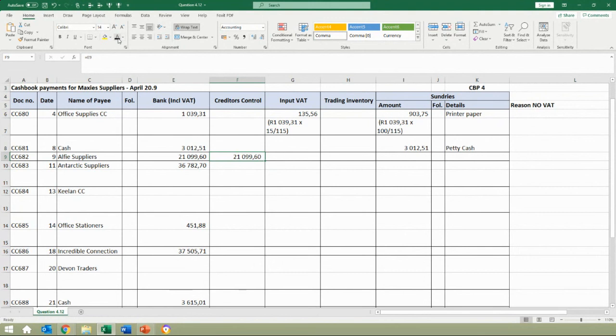Then on the 11th, we've purchased trading inventory of 36,782 Rand. Now, where do we take the contra account? We've credited bank, we've taken the money out of the bank. Now, what do we need to debit if we purchase inventory? If we buy inventory, what are the accounting entries? We've already credited bank.